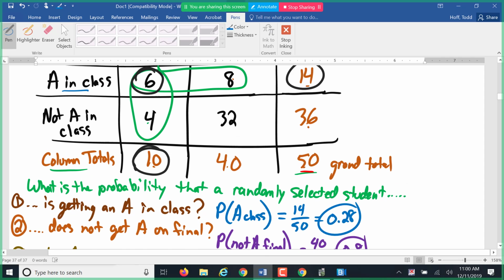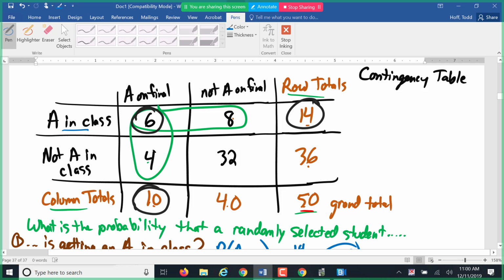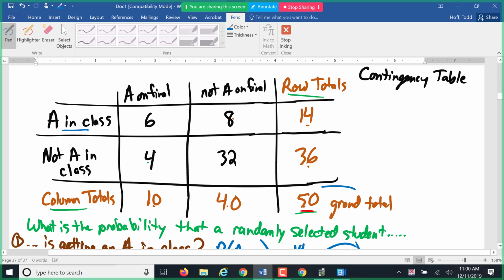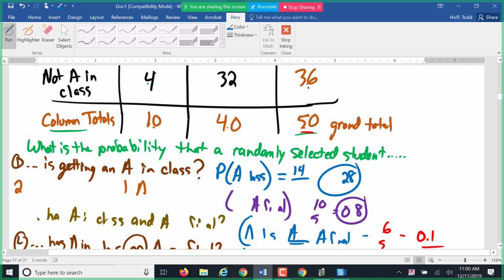I'm going to erase some of my mess here quick. We're not looking at all 50 of these anymore. The given that they have an A in the class means we're only looking at those 14. Of those 14, 6 of them had an A on the final.